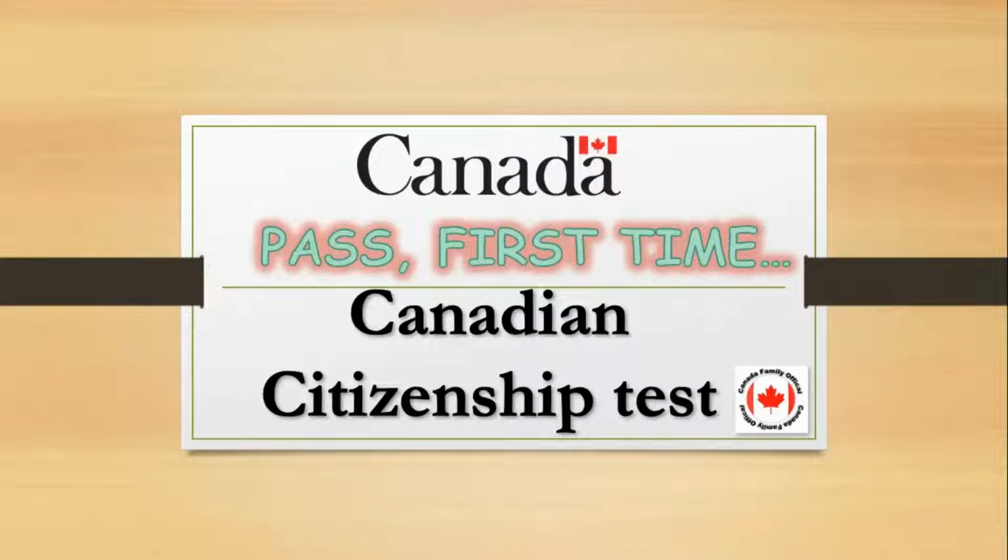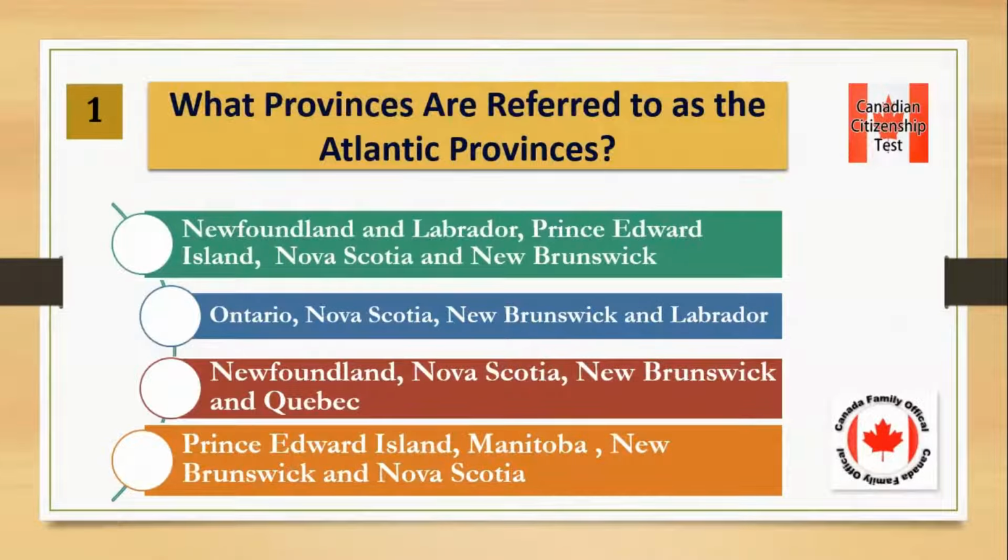Canadian Citizenship Test. What provinces are referred to as the Atlantic provinces? 1. Newfoundland and Labrador, Prince Edward Island, Nova Scotia and New Brunswick. 2. Ontario, Nova Scotia, New Brunswick and Labrador. 3.